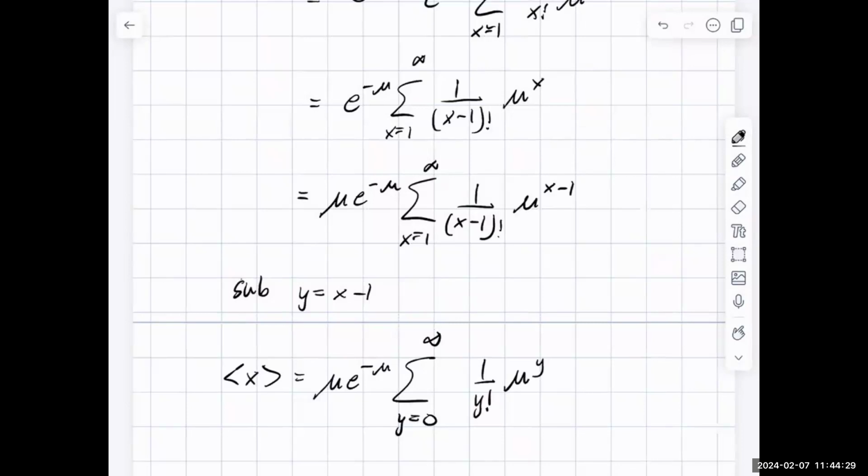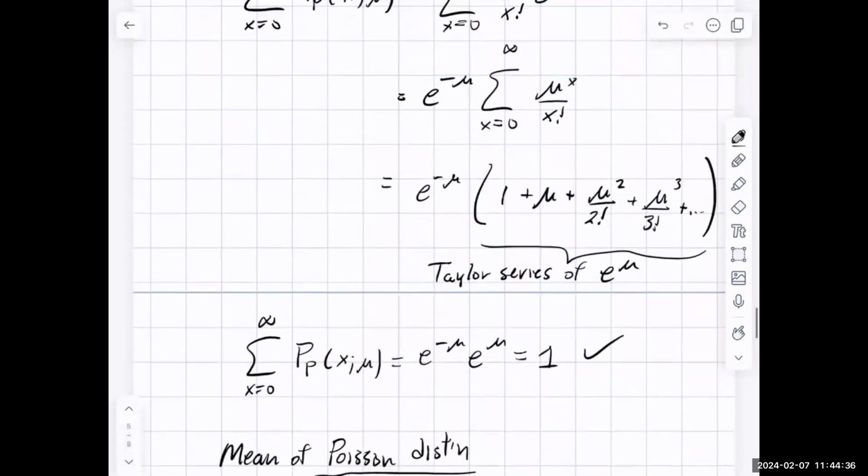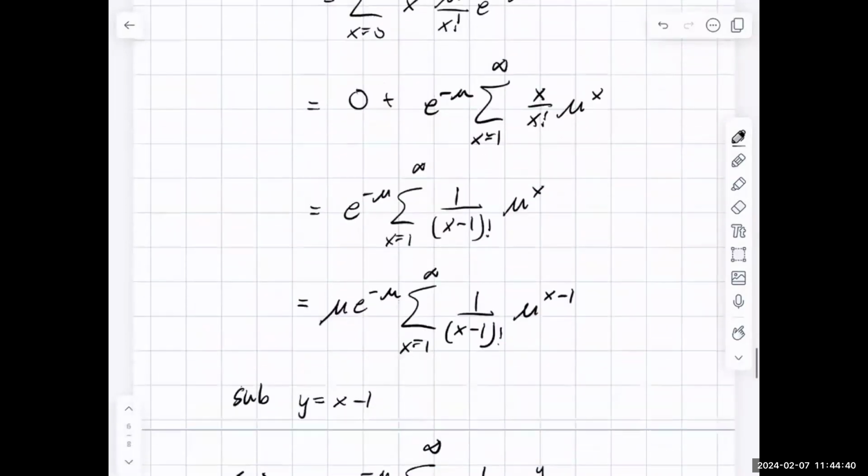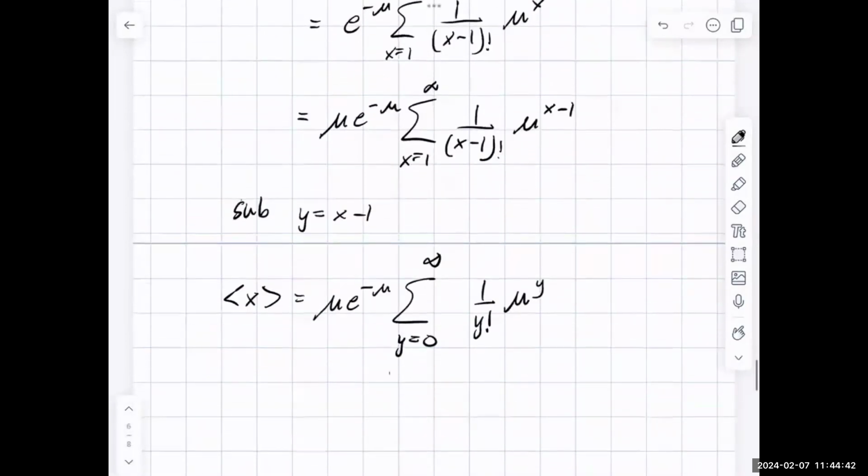But we just did this thing. What is this? E to the mu. That's exactly what it is. So this is just e to the mu. It's the same Taylor series expansion that we just recognized in the above problem.